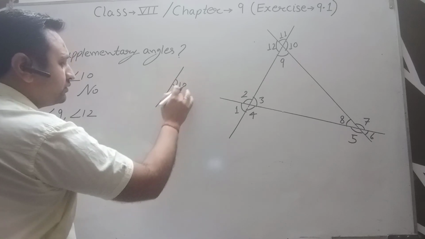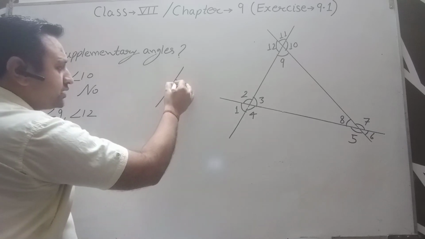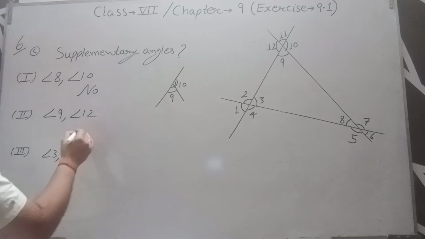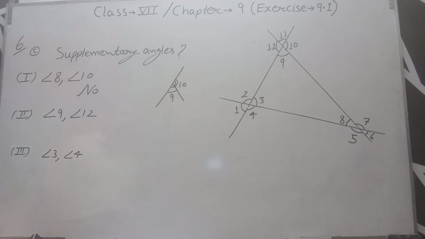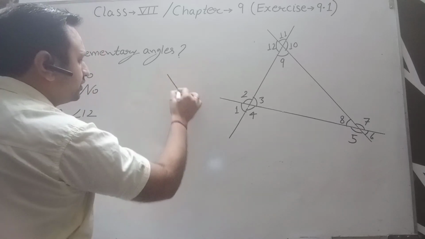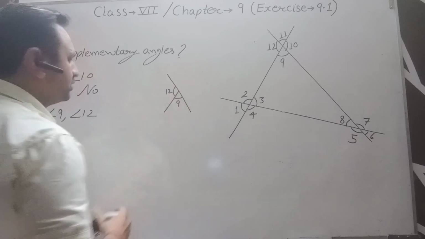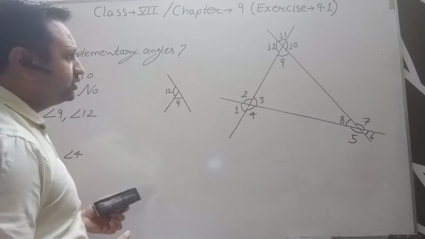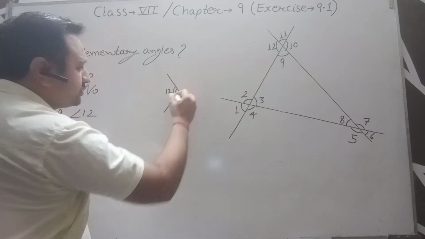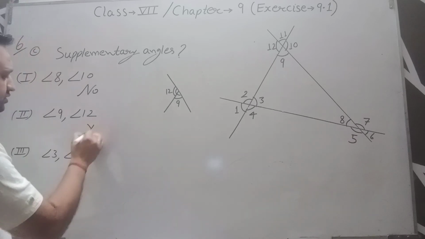If we study both angles together, it is a straight angle, which means 180 degrees. So these angles are angle 9 and angle 12, yes, these two angles make a straight angle, that is, the sum of these two angles is 180 degrees, so these angles are supplementary angles.